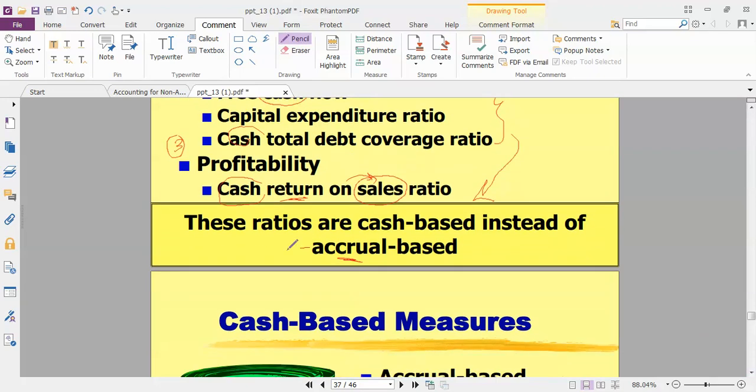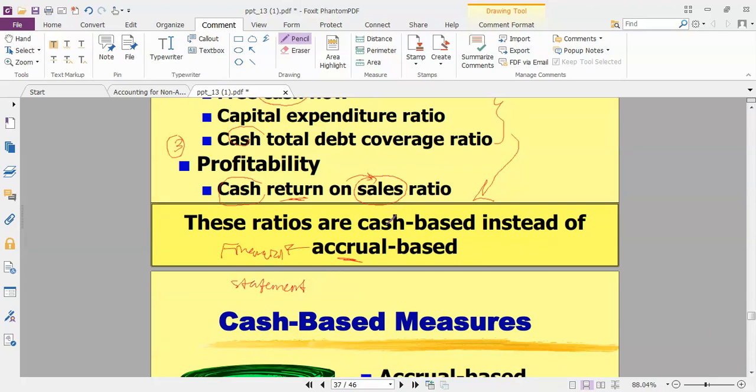We must record where? We must record in the financial statement. There is a difference between the financial statements. You must remember, we prepare the financial statements, that is the balance sheet and also profit and loss, using accrual base.